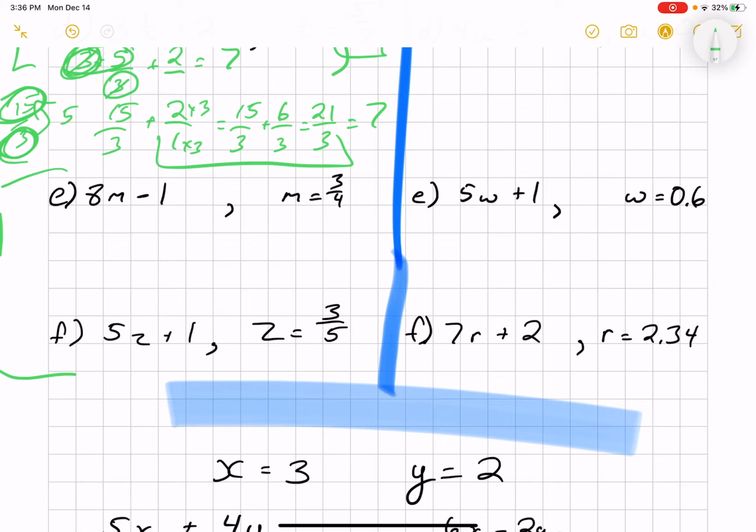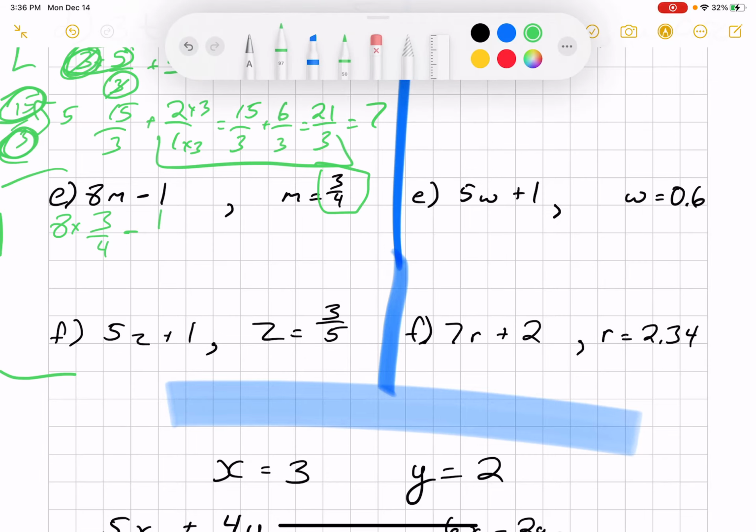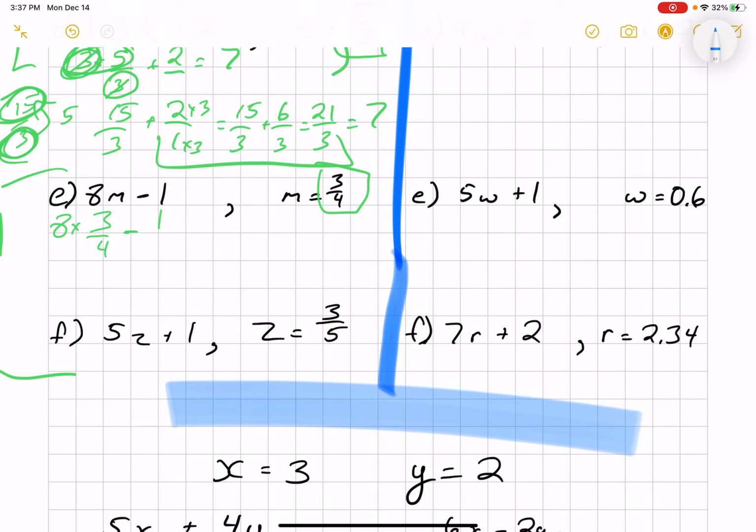Okay, so this is going to substitute in for m, so 3/4. So I have 8 times 3/4, okay, minus 1. What can happen here is I can divide the 4 into the 8. And that's going to give me 2 here, okay?